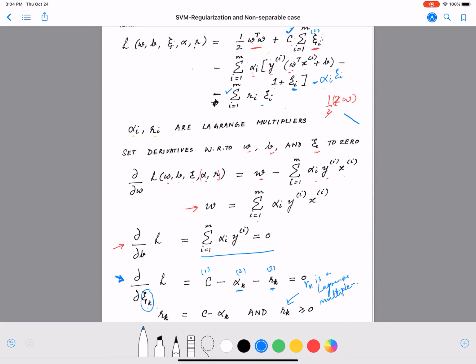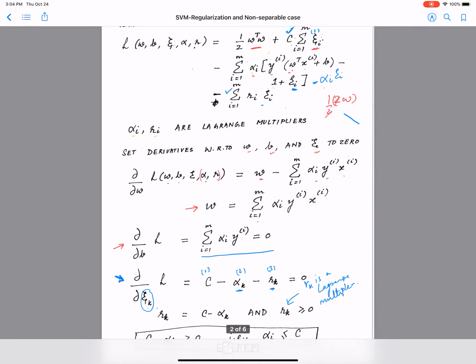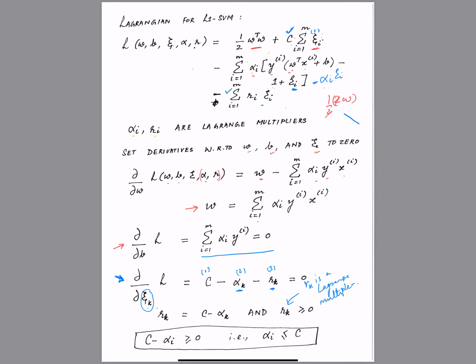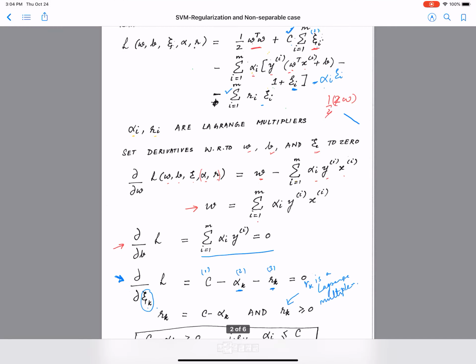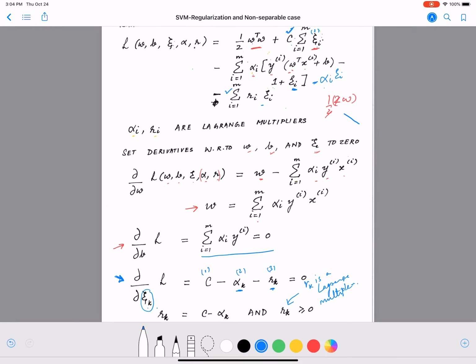And C minus alpha k greater than or equal to 0, which means alpha I is less than or equal to C. So now all we have is another constraint added to this problem.